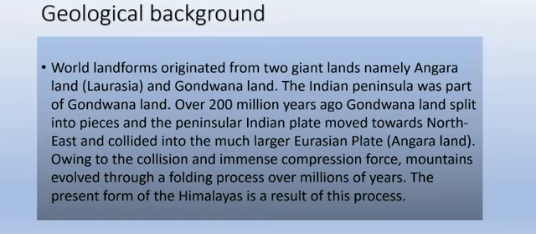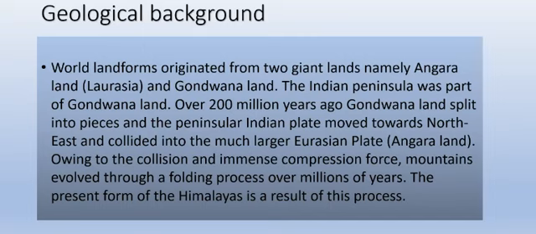What is this Pangaea? It is the biggest landmass on the earth, and this super landmass was called Pangaea, and it has 2 parts. The northern part is Angara land and the southern part is Gondwana land.